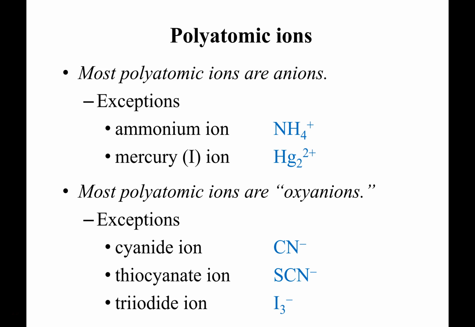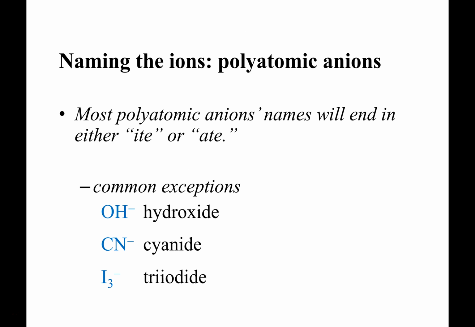Most of them have oxygen. There are some exceptions, and I have them written down here. Under carbon, you'll find cyanide, CN-1, thiocyanate, SCN-1, and triiodide, 3 iodine atoms joined together with a -1 charge collectively.